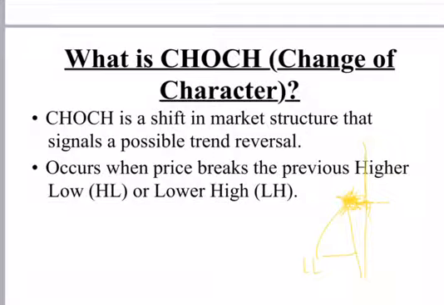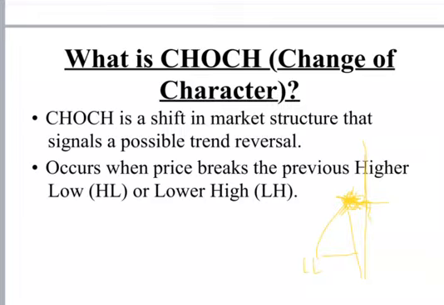Even when the market is about to change character, it must break that recent point with the body of the candle, not a wick. If the market wicks it out, that's what we call a sweep. The market just sweeps that strong point and continues where it's going. When the market breaks it with the body, then you confirm that it has broken it. If the market just does a wick break, that's just a sweep.